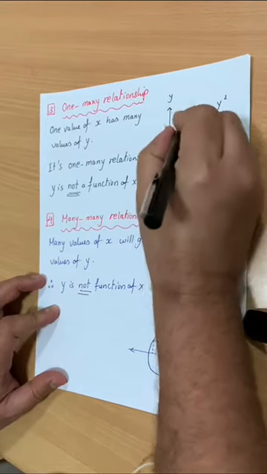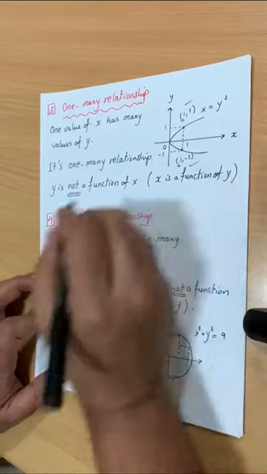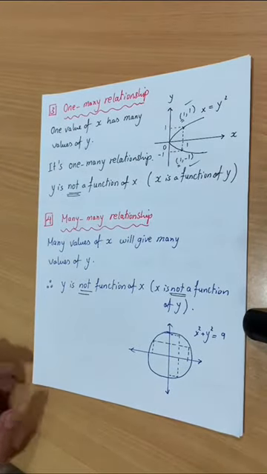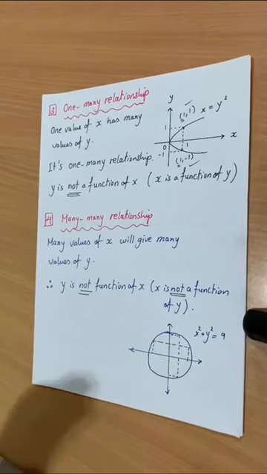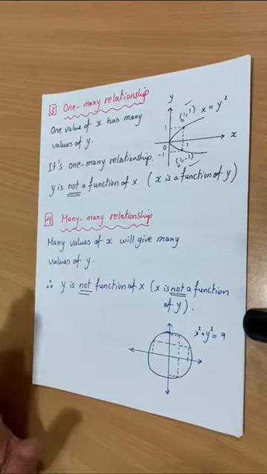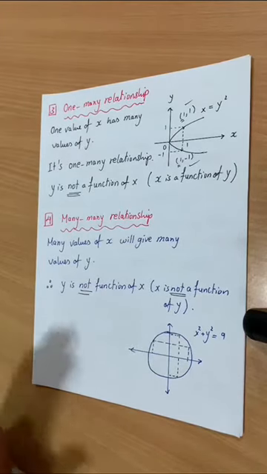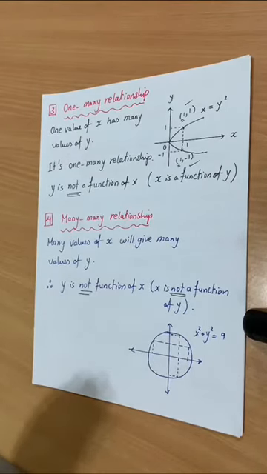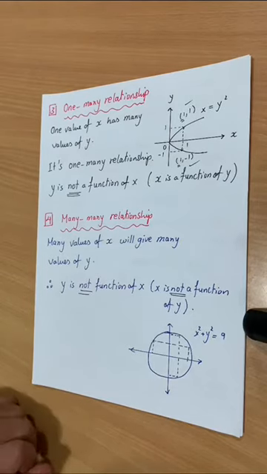See, you have the same x value, but two different values of y. So we couldn't say that here y is a function of x, but we're supposed to say that x is a function of y, which means we couldn't say that this type is a function, because for a function, y is supposed to be in terms of x.